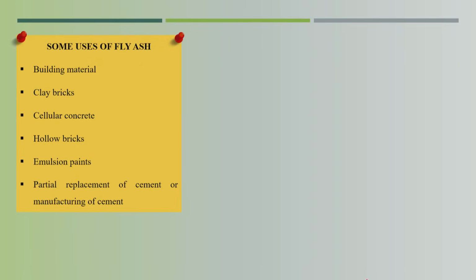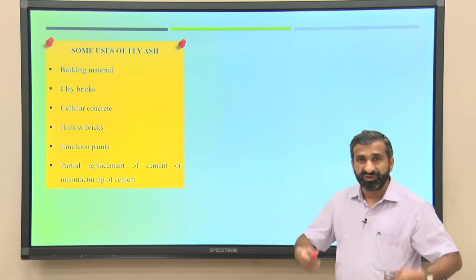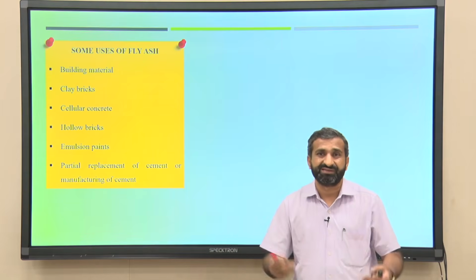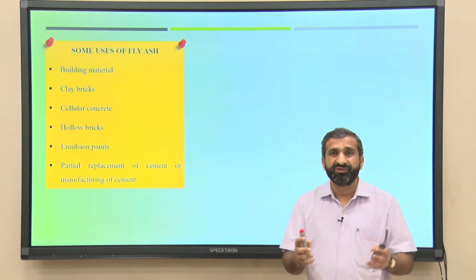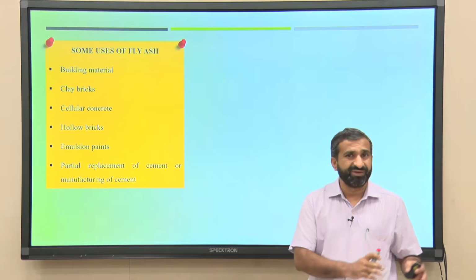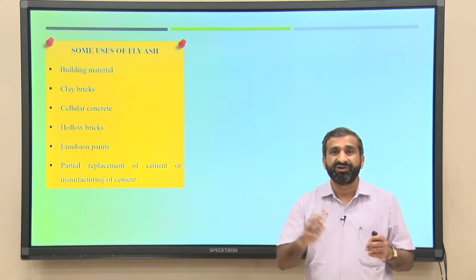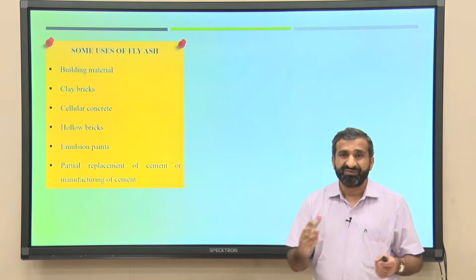So there are some more uses of this fly ash or solid residue, like building material and clay bricks. In India, we are using a large amount of fired bricks, and they always use clay soil, which is one of the best agriculture soils, to prepare the fired brick.